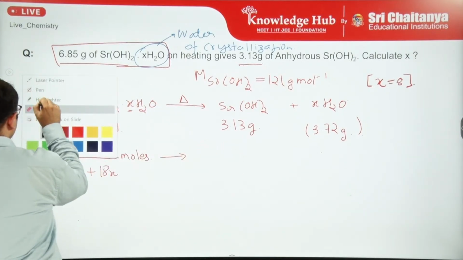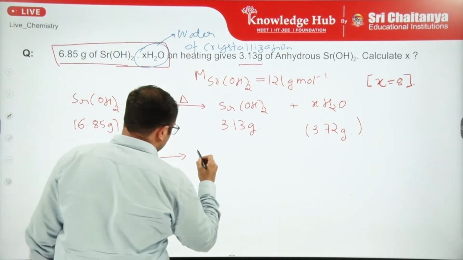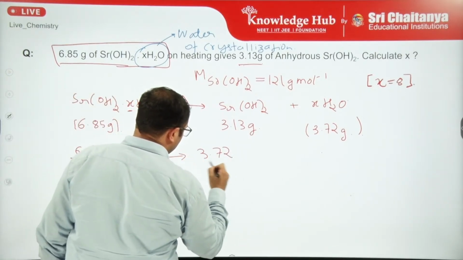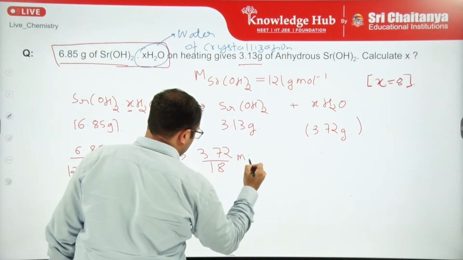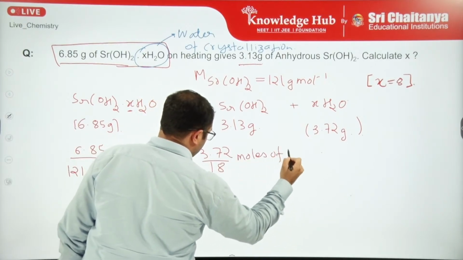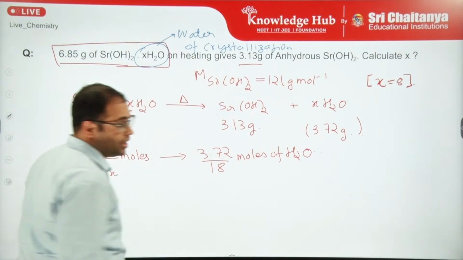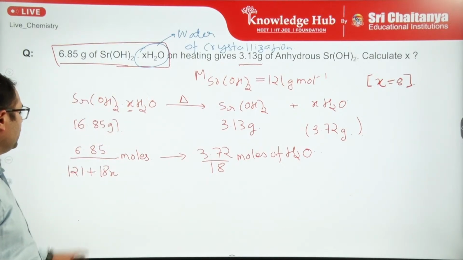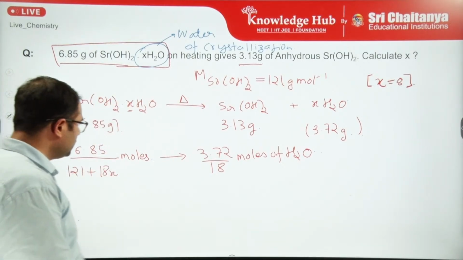Okay, let it be, how many moles of water? 3.72 divided by 18 moles of H2O, right? These many moles of H2O you will get from these many moles of this.